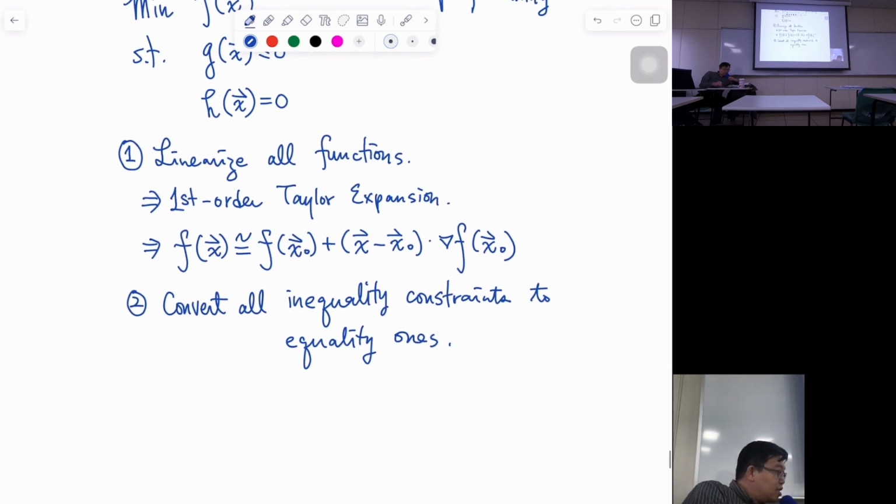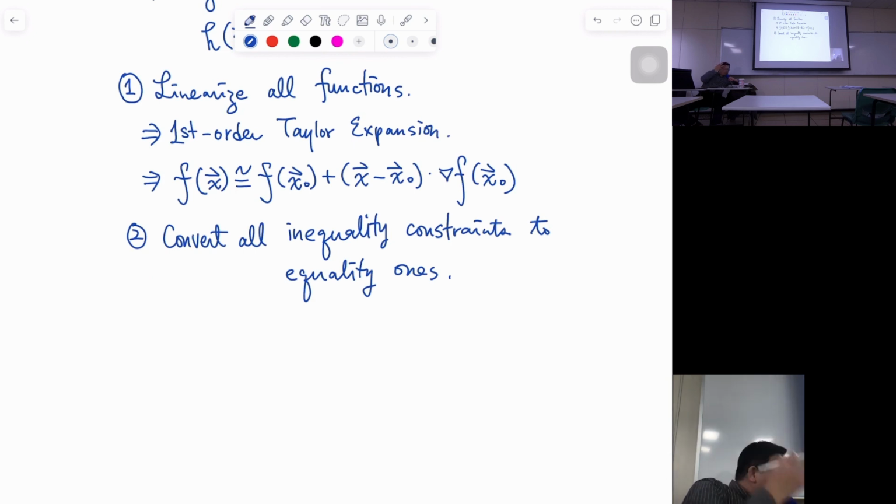So, I will show you two kinds of variables that help us do that. But before I start to introduce that part, I probably need to show you what is the expected final form.